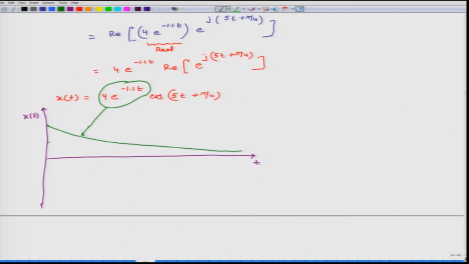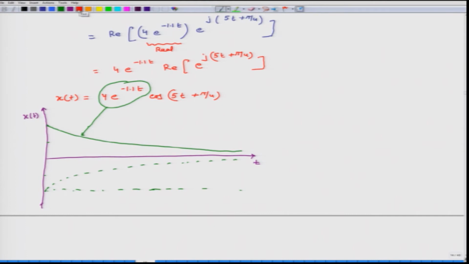And I will take its mirror image like this. The solid line represents 4 e to the power of minus 1.1 t.